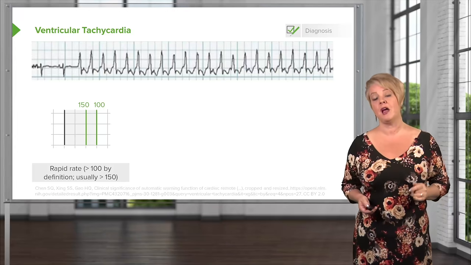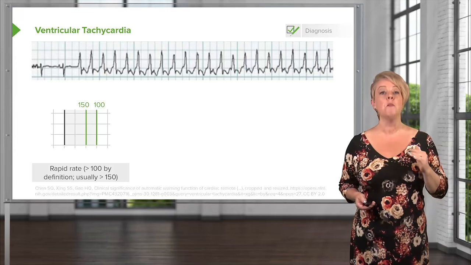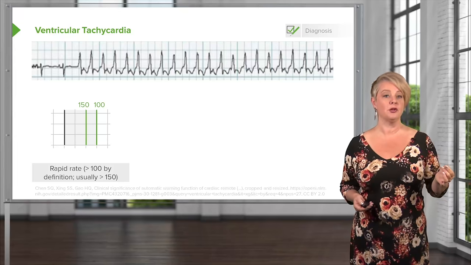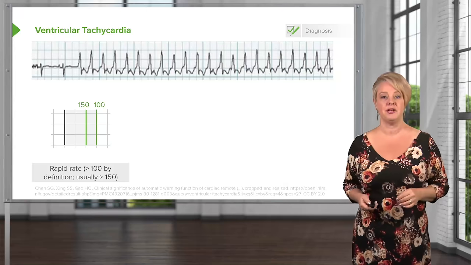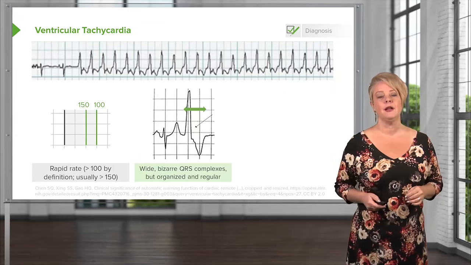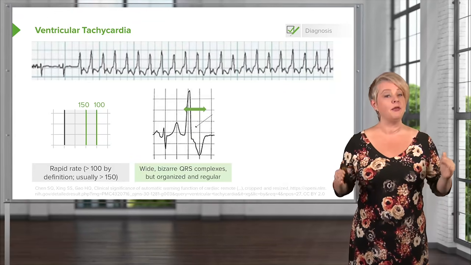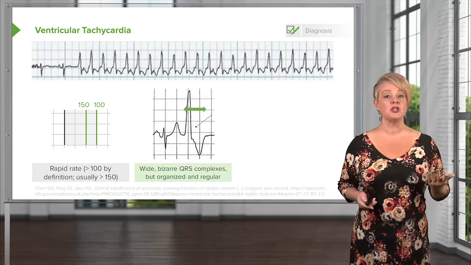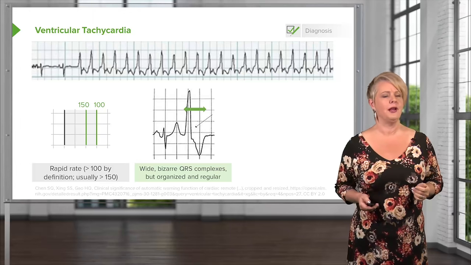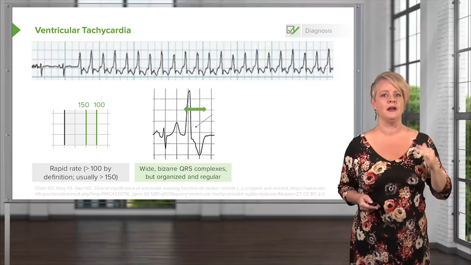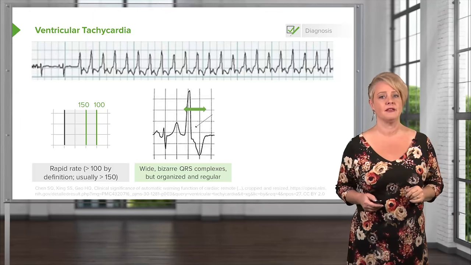That means your QRS complexes are going to be coming along more than every 3 millimeters on your tracing, or more than every 2 millimeters in the case of a heart rate of 150. In this case, again, the QRS is wide, so it's got to actually be wider than 3 millimeters to be considered VTach, but usually it's pretty obvious. These are big, wide, very strange-looking complexes.